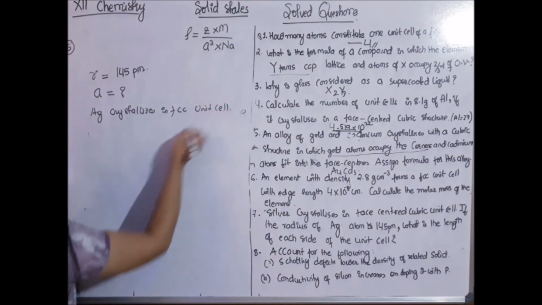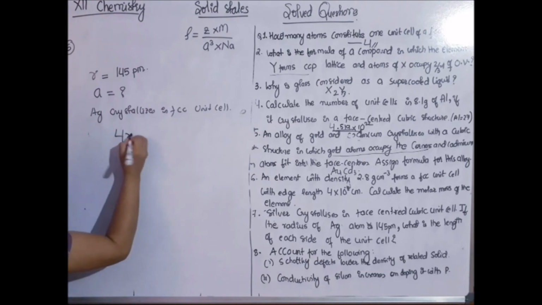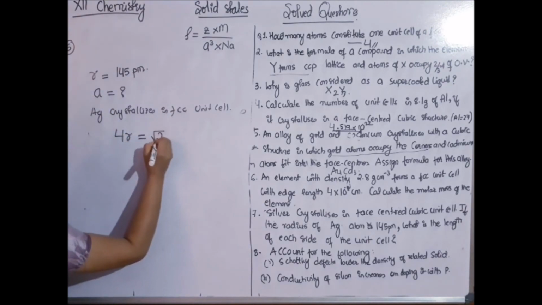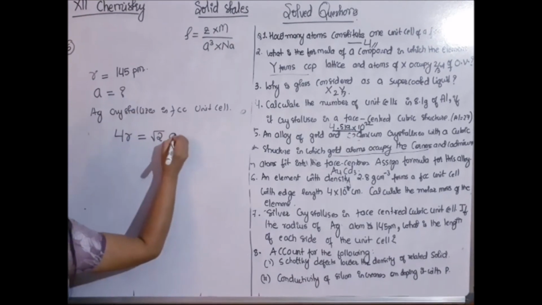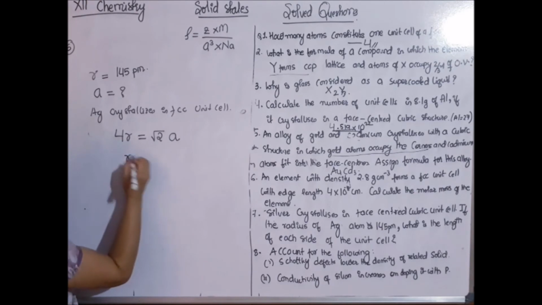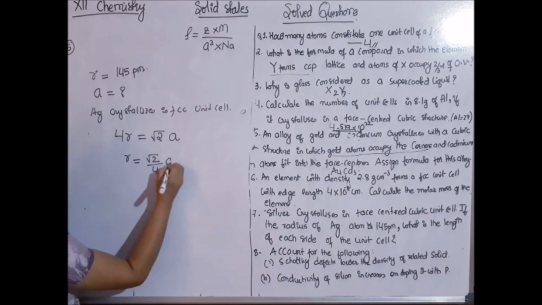So what is the relationship for face centered between A and R? 4R equals root 2 of A. You need A. Now R is root 2 by 4 A.